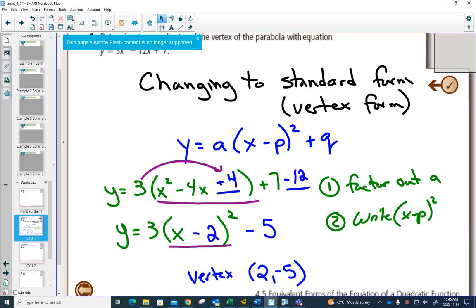Some teachers actually call this completing the square as the method, but I don't like to do that because the methods are a little bit different, and then you get confused. So we're going to use completing the square as a method for solving, and we'll leave the words completing the square for that technique. And we're going to call this technique changing to vertex form or changing to standard form because it's a little bit different.